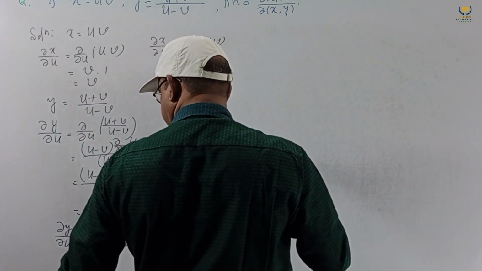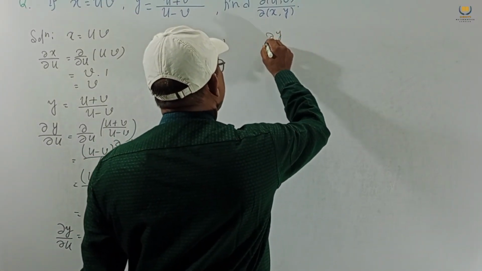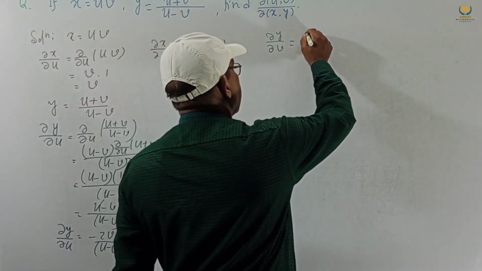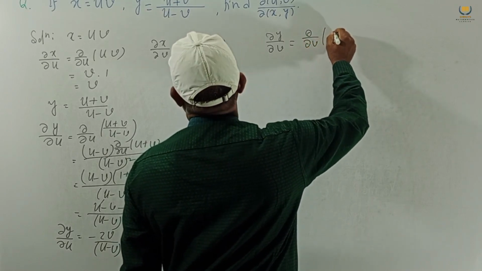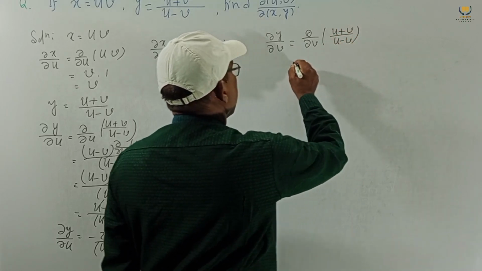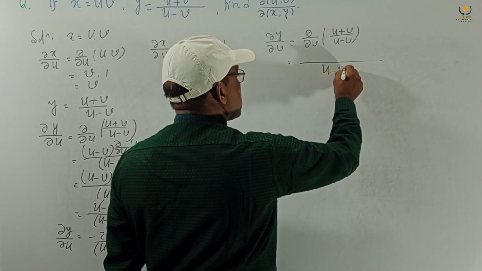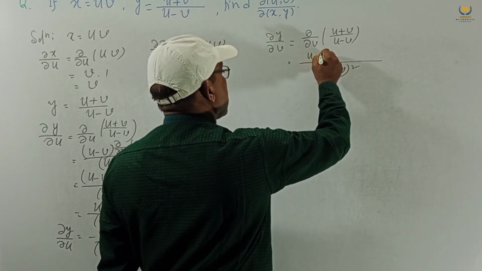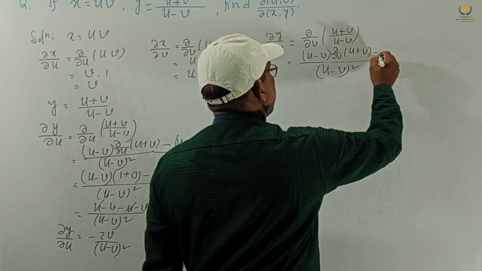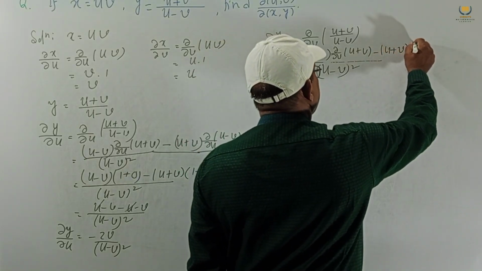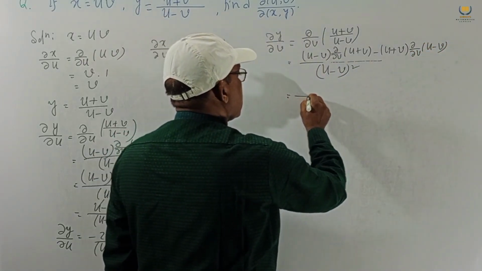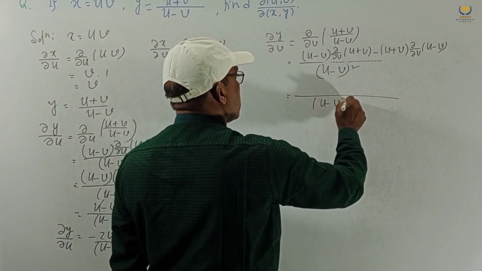Next we have to find ∂y/∂v. So this will be ∂/∂v of y, meaning (u plus v) by (u minus v), and again using the quotient rule, (u minus v) ∂v of (u plus v) minus (u plus v) ∂v of (u minus v), over (u minus v) whole square.